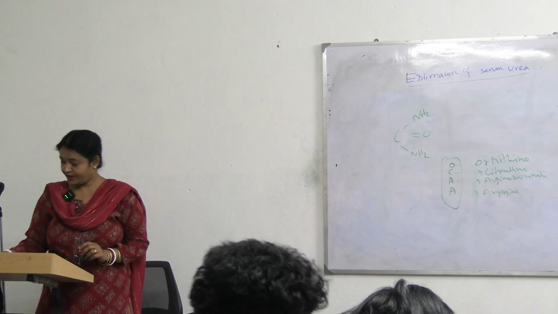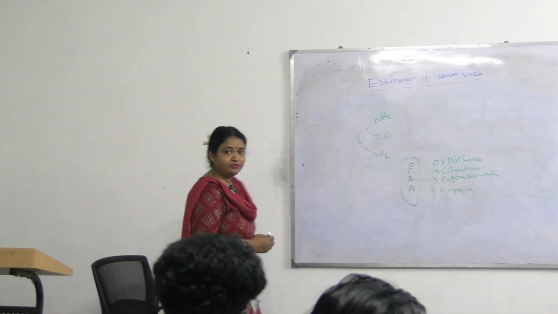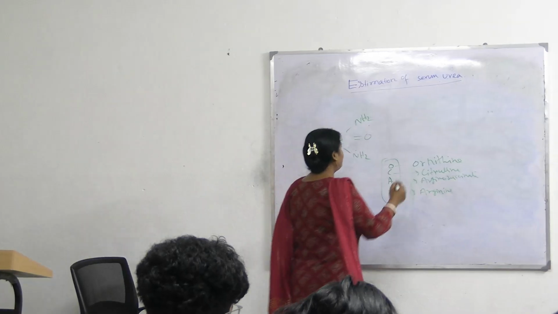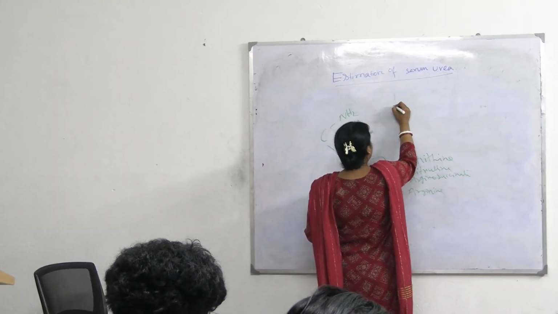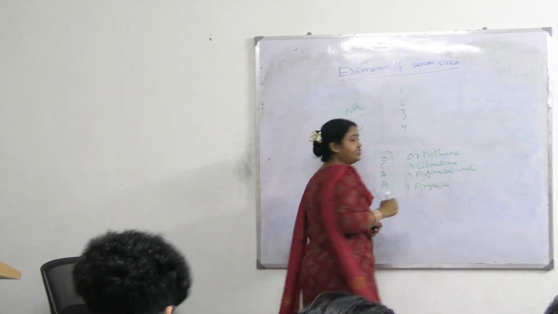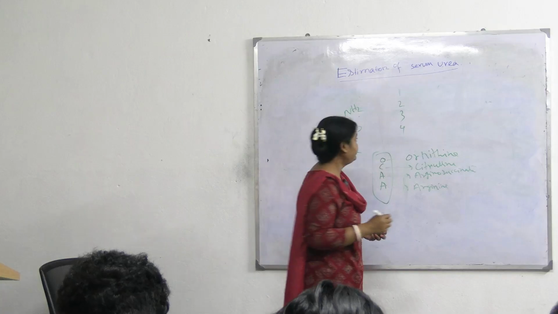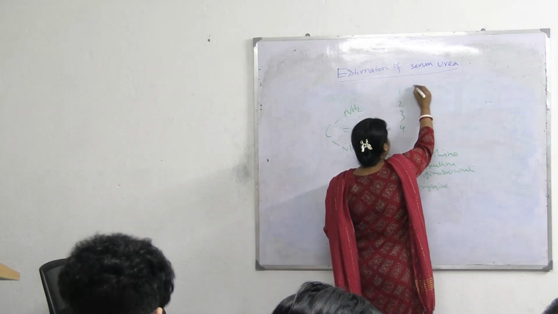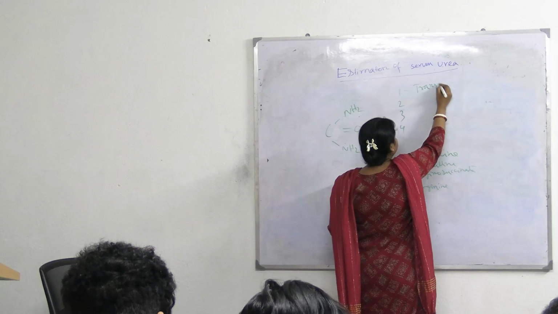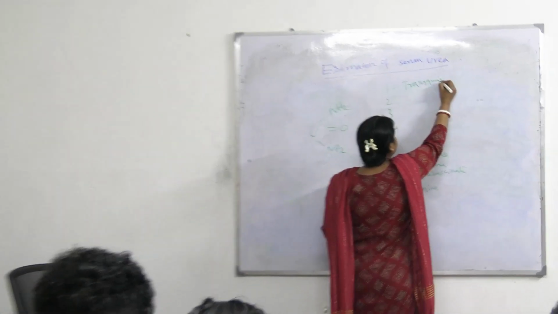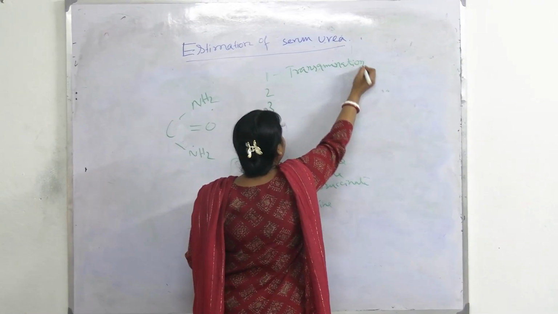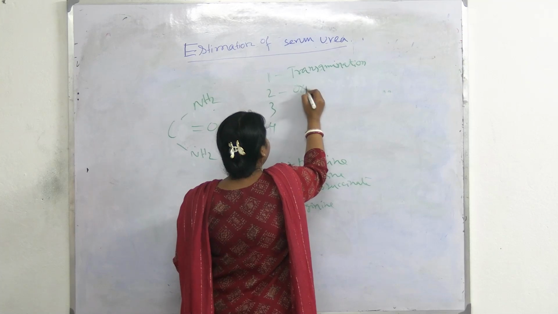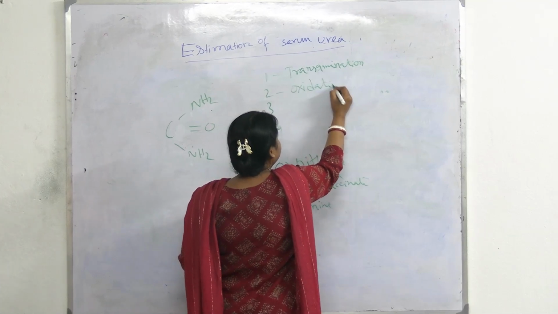And the steps of urea formation, if they ask, there will be 4 steps. 1, 2, 3, 4. In these 4 steps urea will be formed. First is transamination. Oxidative deamination.